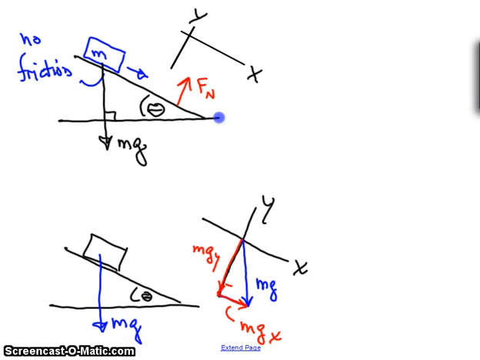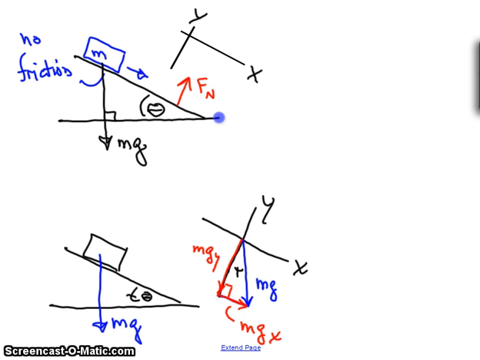Right there, and you notice they're perpendicular to each other, as they should be, because x and y are. Well, that's great. Now I've got a right triangle. mg is the hypotenuse of the triangle. mgy is one side, and mgx is the other side. Question is, what is this angle right here? And that angle turns out to be this angle here.